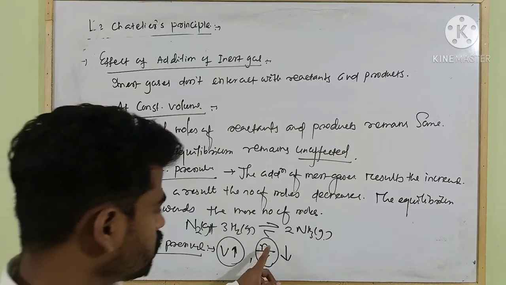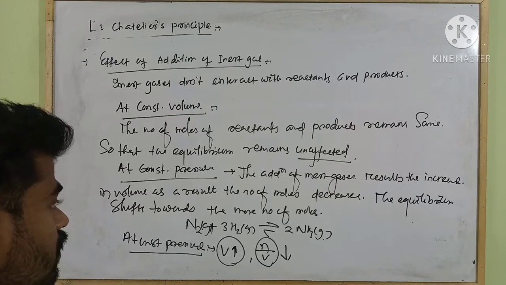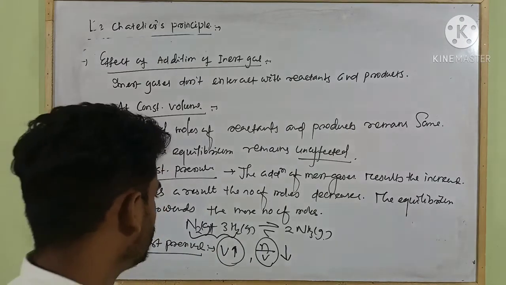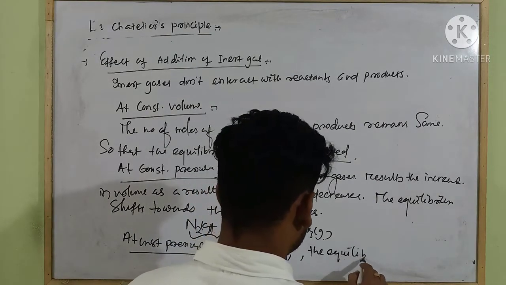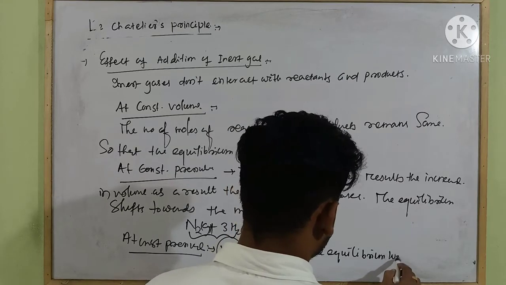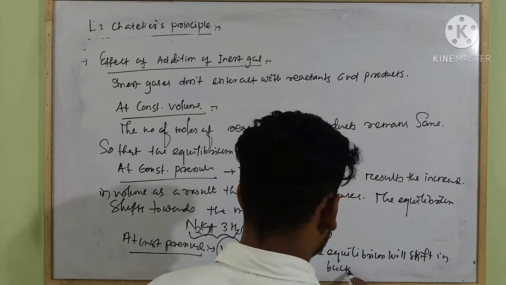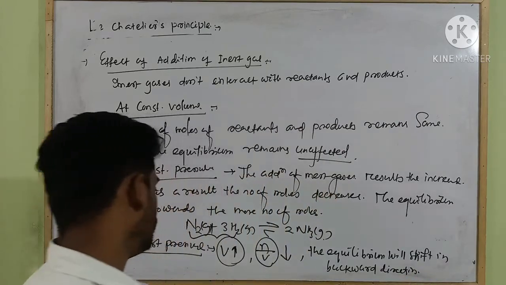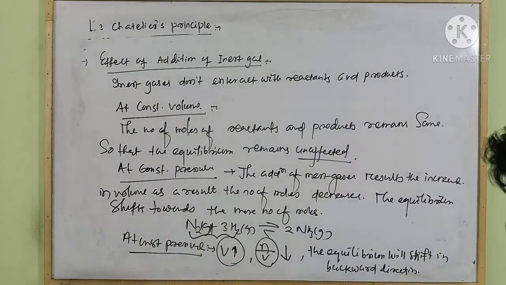So the equilibrium will shift towards the more number of moles. In this reaction, more number of moles is on this side, so the equilibrium will shift in the backward direction at constant pressure.